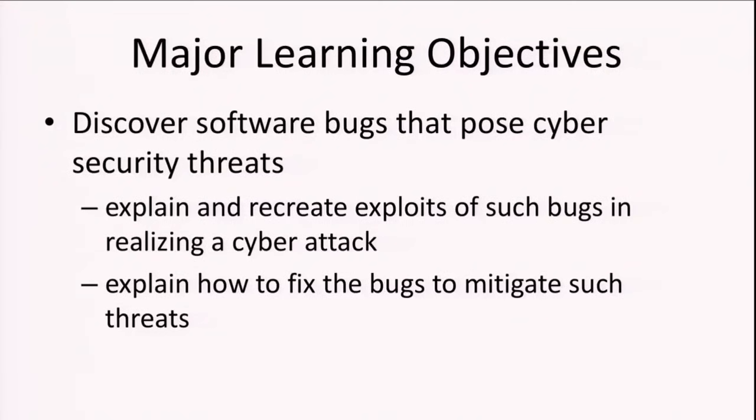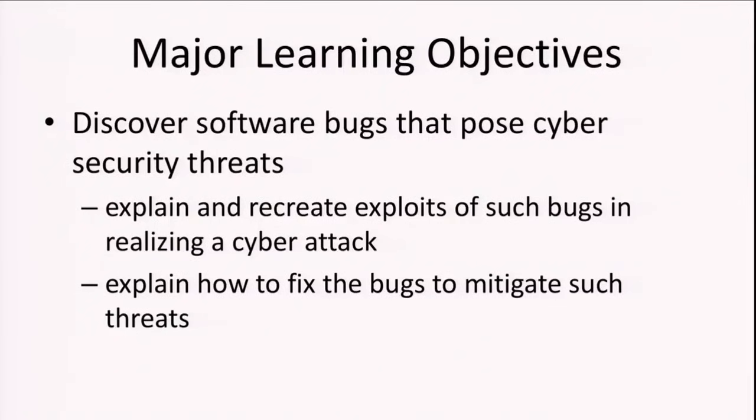The first major learning objective is to discover software bugs that pose cybersecurity threats. Given software in C or in Python or any other language, what to look for and how to test the software for finding security vulnerabilities.